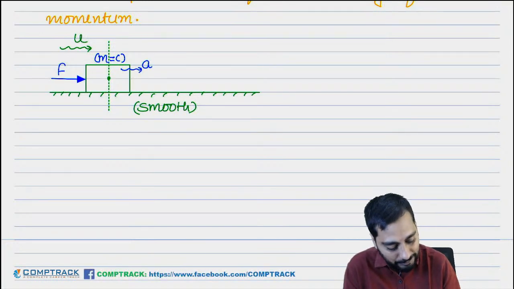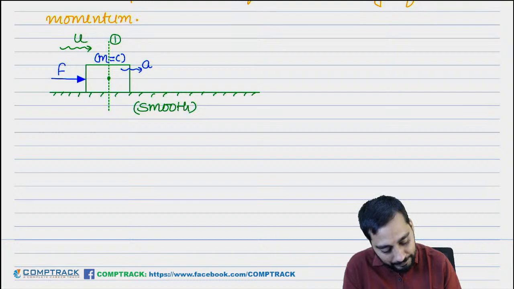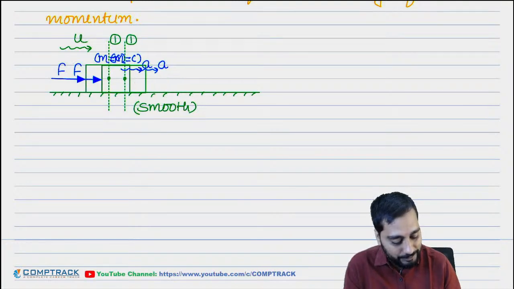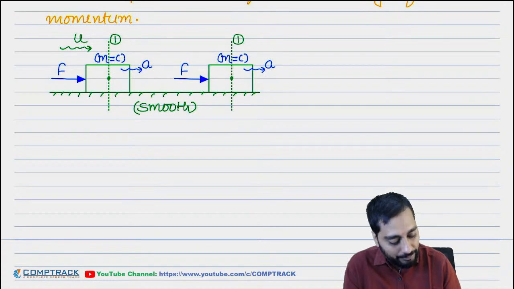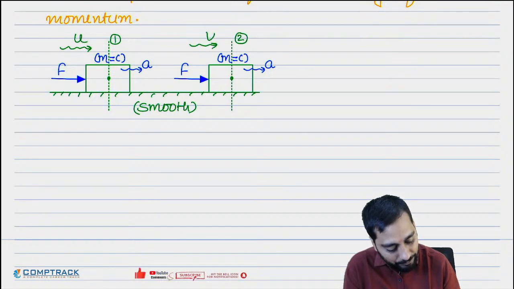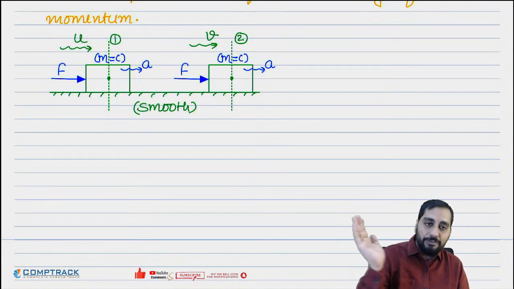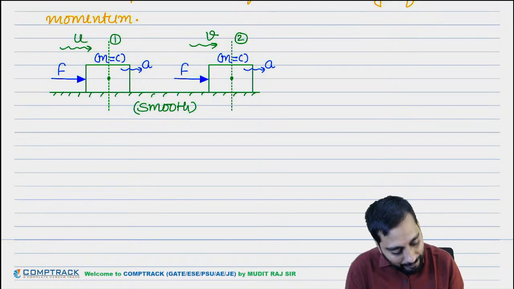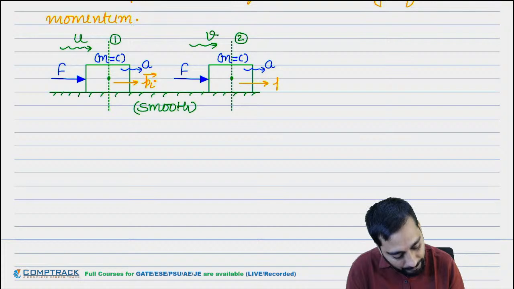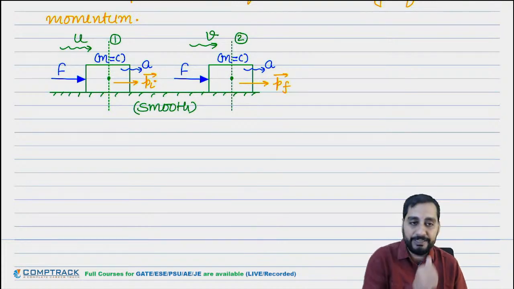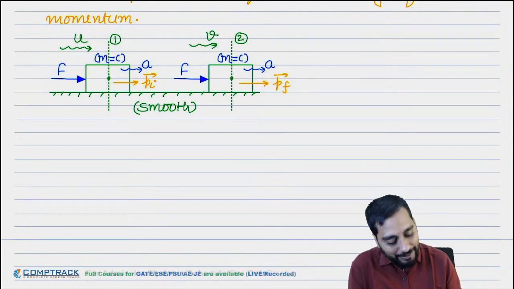So from position 1 to 2, the velocity of the body will get changed. Here it will have, let's say, velocity v, because force is continuously acting, so velocity will be continuously increasing. Here its linear momentum will be P initial, and here its linear momentum will be P final. So its linear momentum will get changed.